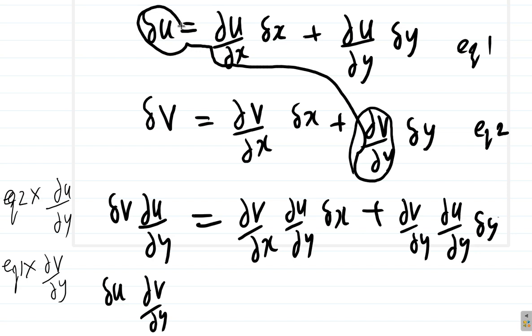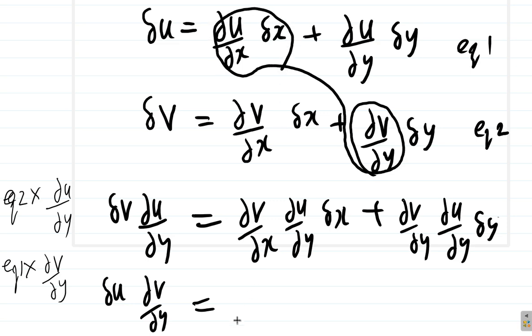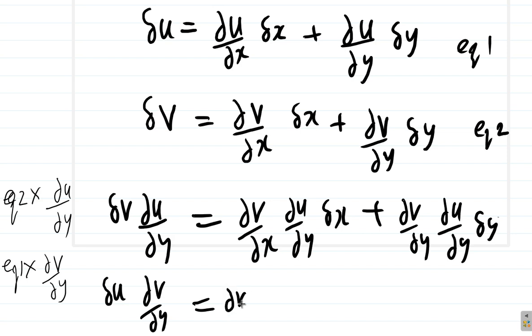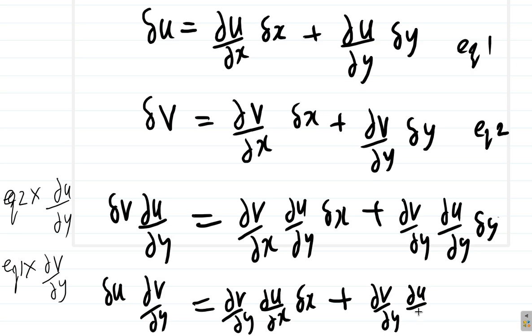Delta V by delta Y multiplied by change in U, equal to... there's no change here. Yeah, mixing myself up. Alright, time for this one now. Delta V by delta Y will multiply all of this here, so delta V by delta Y times delta U by delta X times change in X, plus delta V by delta Y times all of this now. So delta V by delta Y times delta U by delta Y, change in Y. Alright.